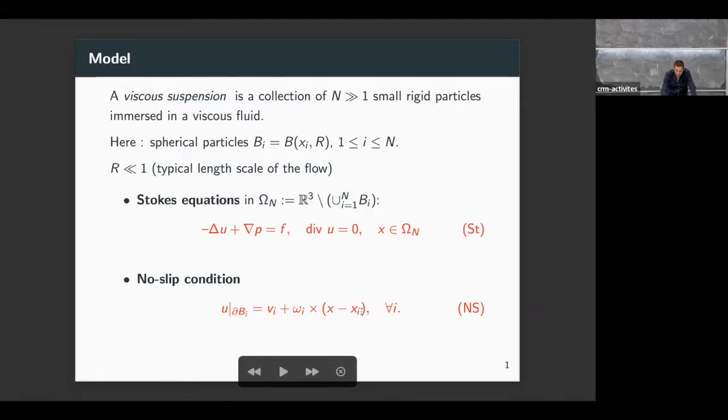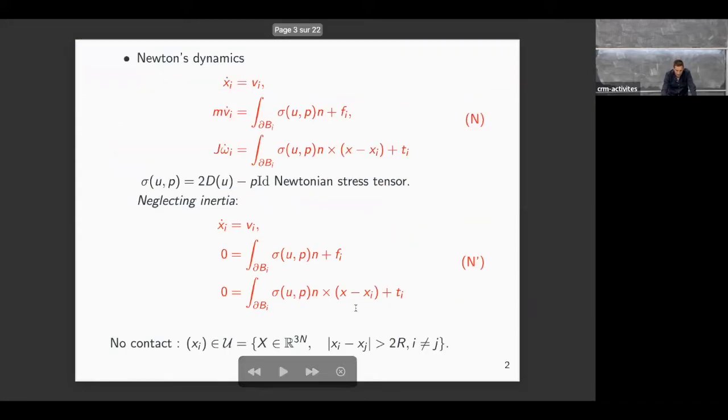And so now I have to describe the evolution for these Vi, omega i, and xi's. Naturally, you will describe this evolution through Newton's dynamics, where you can see here these last two relations that correspond to the evolution of linear momentum and the evolution of angular momentum.